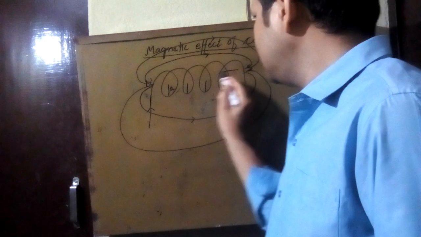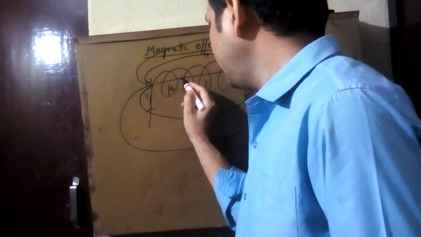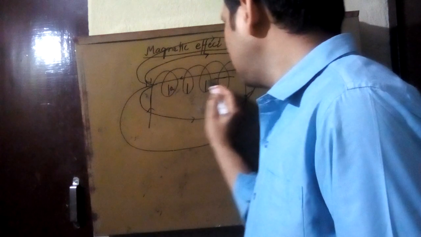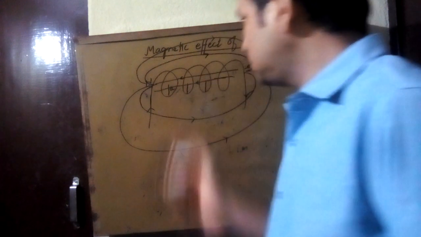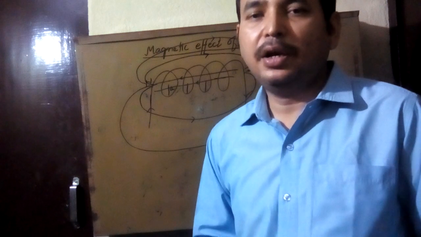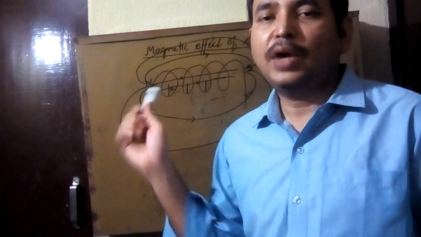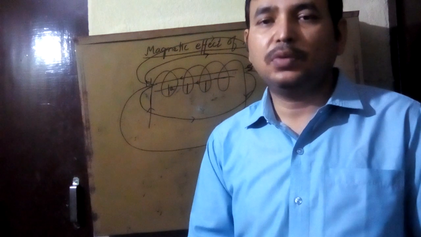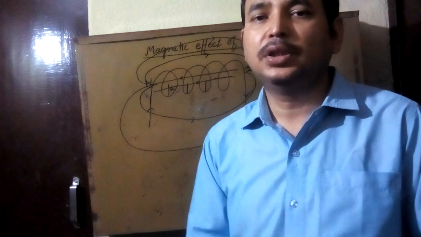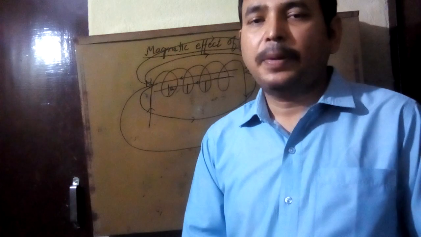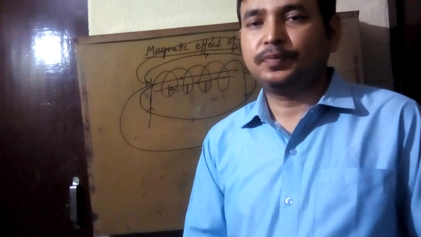Inside the magnet, they start from south and end at north. This we have already discussed for the magnet. So the magnetic field lines that we have drawn for a magnet, you have to draw for the solenoid. When a question is asked, draw magnetic field lines for a current carrying solenoid, then you have to draw like this.